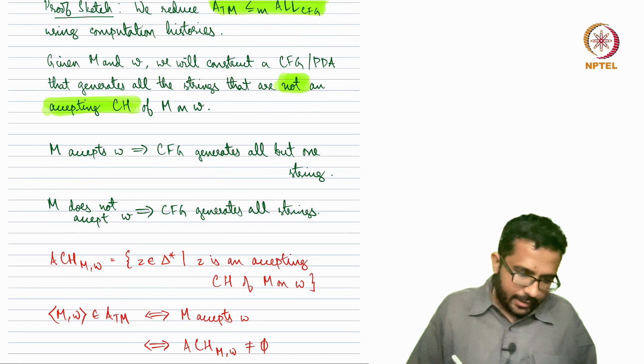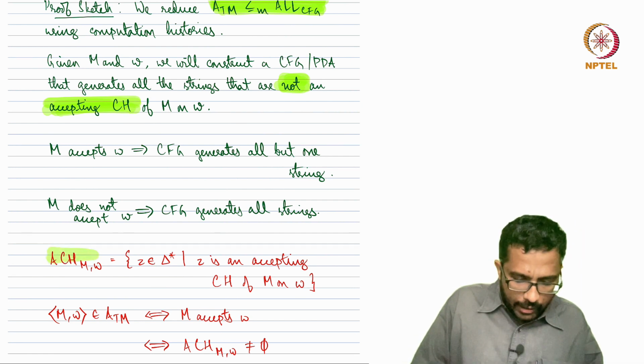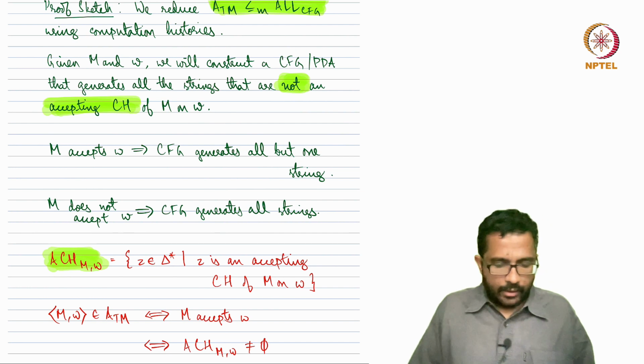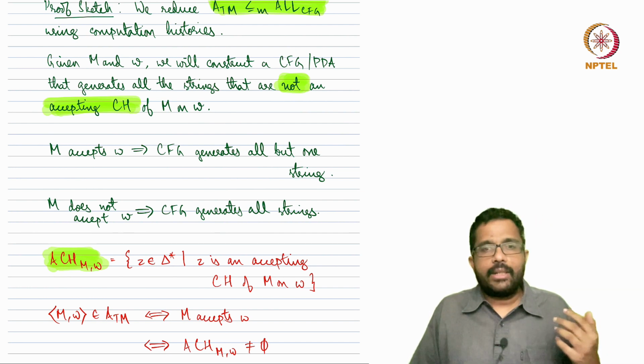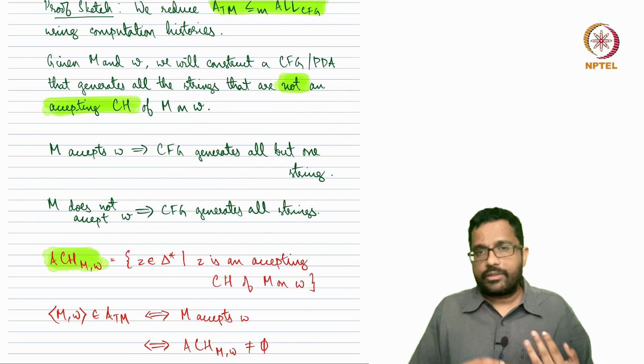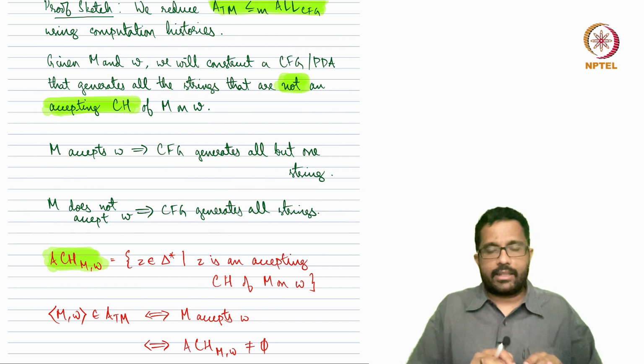So let me define this formally. ACH_{M,W} is the set of all accepting computation histories of M on W. So it's the set of all strings Z, where Z is in delta star. Delta includes the input string, the tape symbols, the states, and the hash symbols: everything that comes in the tapes or in the computation history.